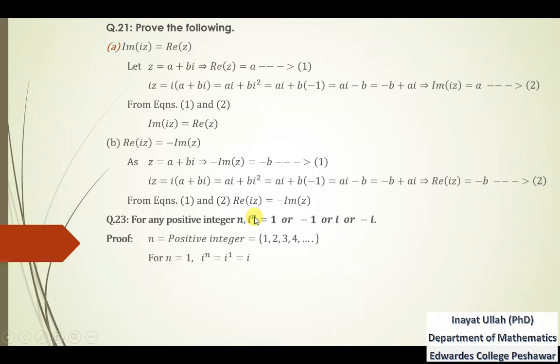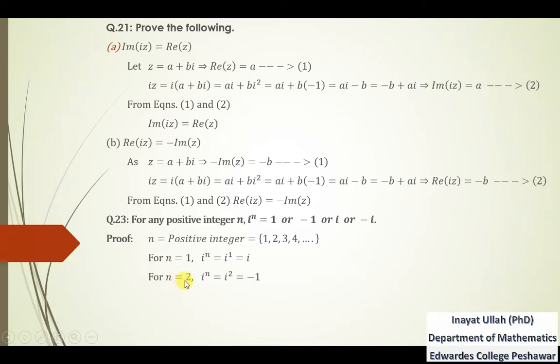First of all, when we replace n by 1, iota power n will be equal to iota power 1, which means iota. So the answer is iota for n equal to 1. Secondly, when we replace n by 2, iota power n becomes iota square, which is minus 1.